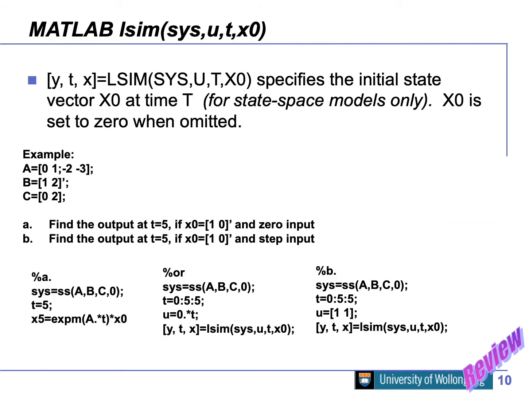The method to use this is you define a system and use LSIM. The system can be any type of model you defined, U is the control signal, and T is a specific time vector, with x0 as the initial value.